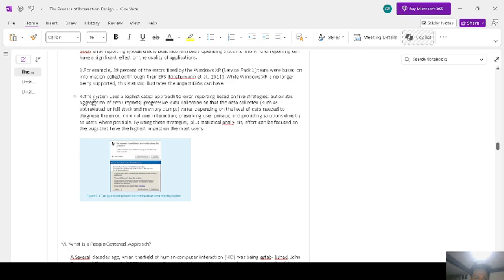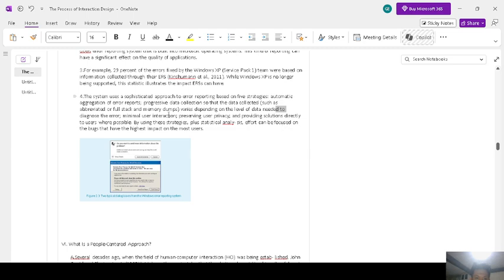So these are the principles. You aggregate the report, you only get the data that you need. It varies depending on the kind of data collected, such as memory dumps or full stack.